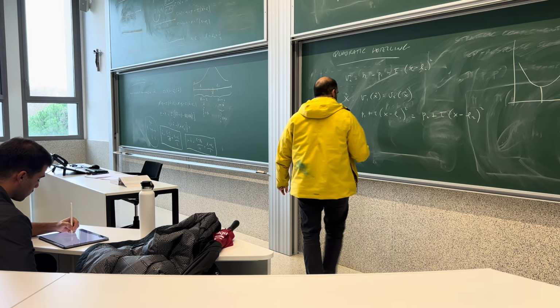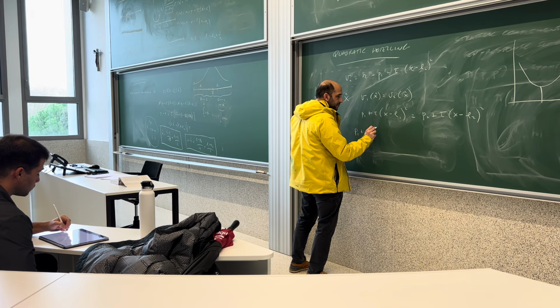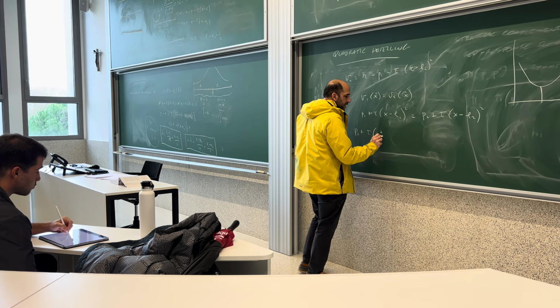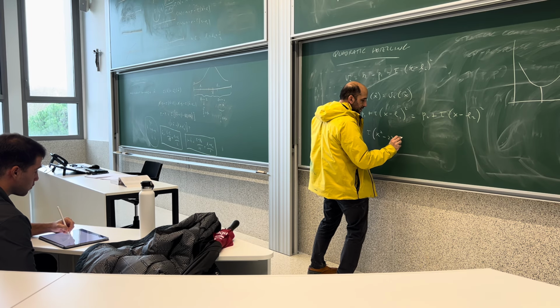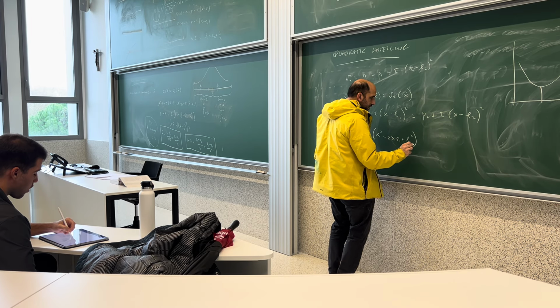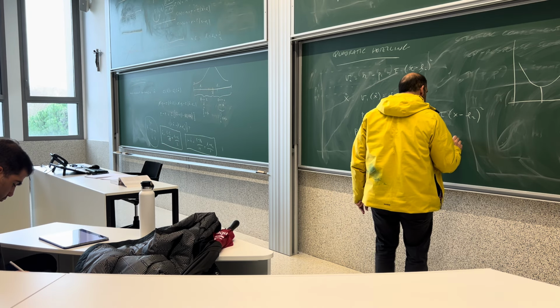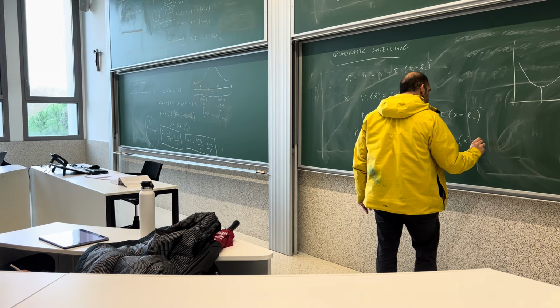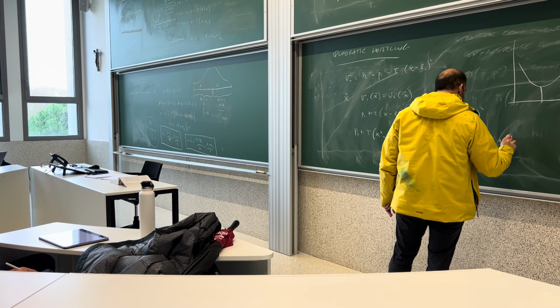Okay, let's see. P1 plus tau times x squared minus 2xL1 plus L1 squared is equal to P2 plus tau times x squared minus 2xL2 plus L2 squared.